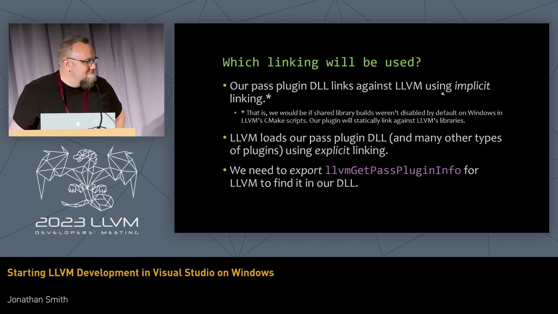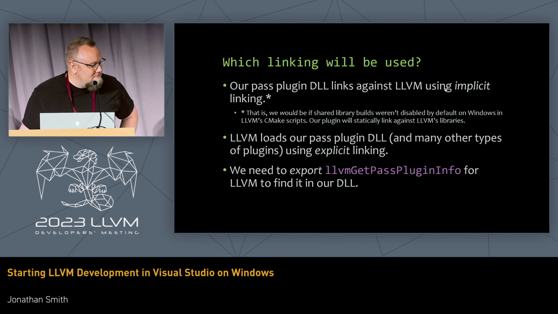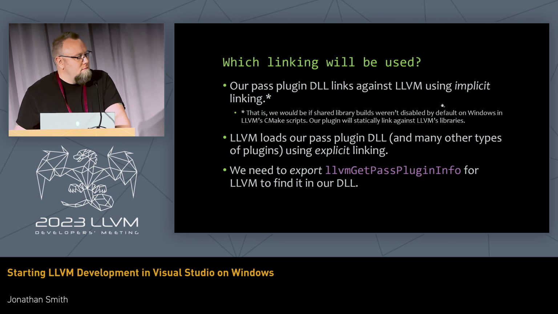I would also like to add something, like I mentioned at the beginning, the add pass plugin wouldn't work. It's supposed to work. I worked on it. I'm basically maintainer of Polly, which works as a pass plugin, so I'm intensively involved with it. And what add pass plugin does is, one of the things, it adds a CMake variable called LLVM_LINK_INTO_TOOLS.